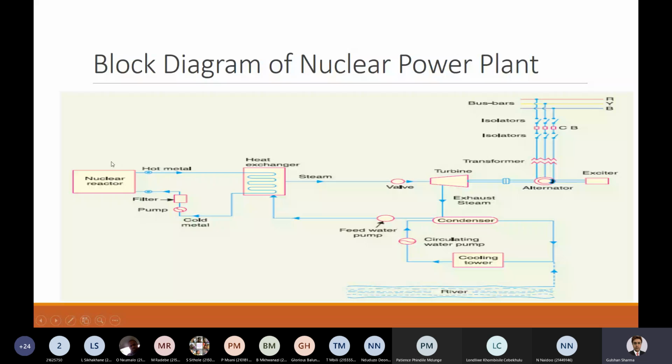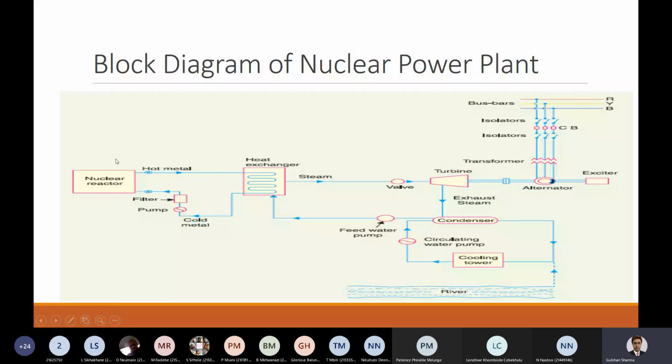The only difference is we have the nuclear reactor. From the nuclear reactor, the hot metal is flowing into the tubes of this heat exchanger, and after that, the cold metal is pumped again back to the nuclear reactor.